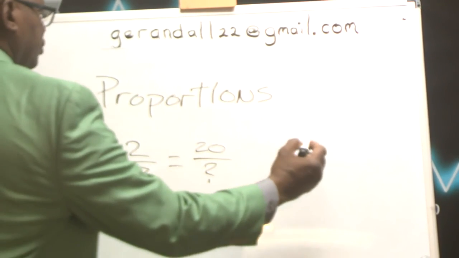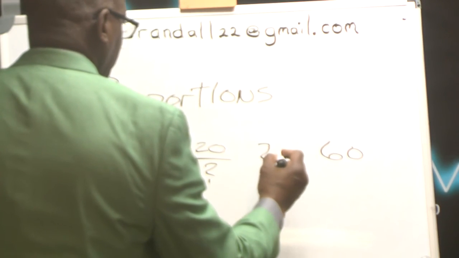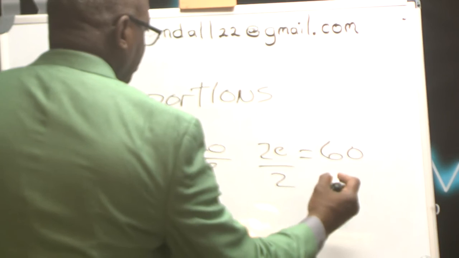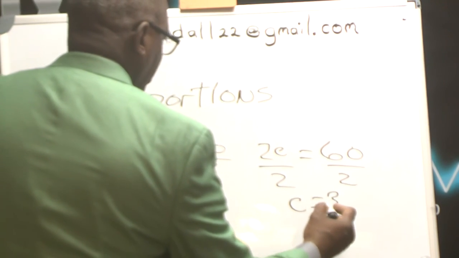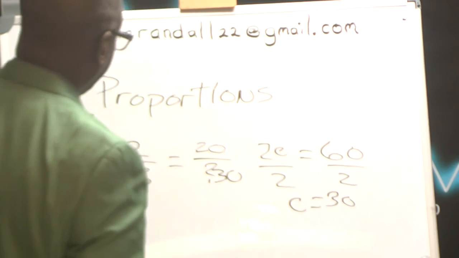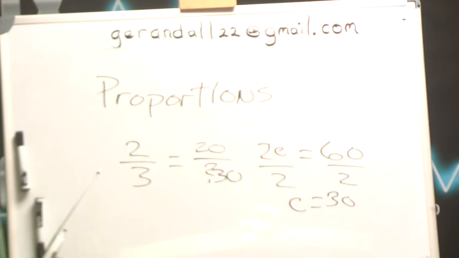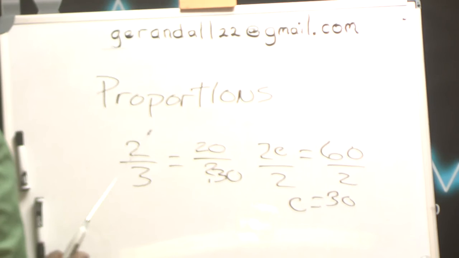Means 60, that's 3 times 20, equals 2c. Divide by 2, c equals 30. And again, what we've written in each case is an equivalent fraction, comparing two numbers, comparing per hour rates, and so forth.